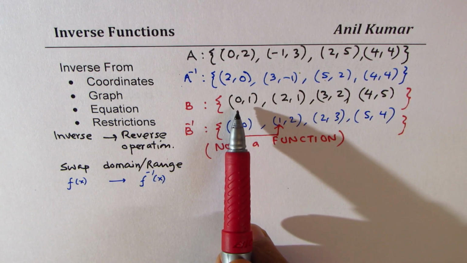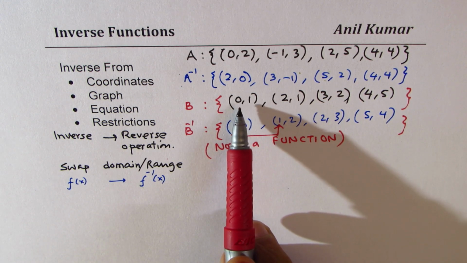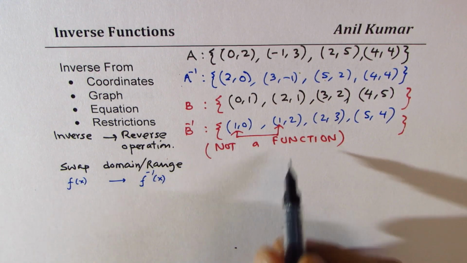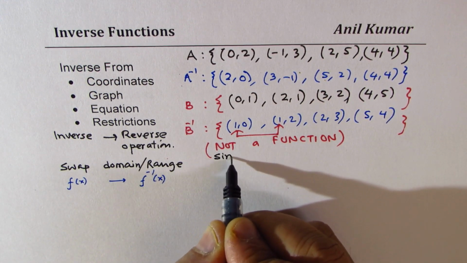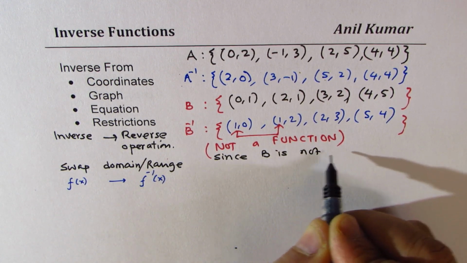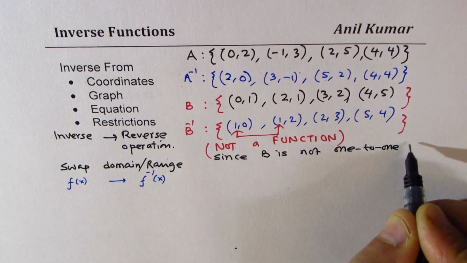Here, many have been related to 1. So in this case it is not a function since b is not a one-to-one function.